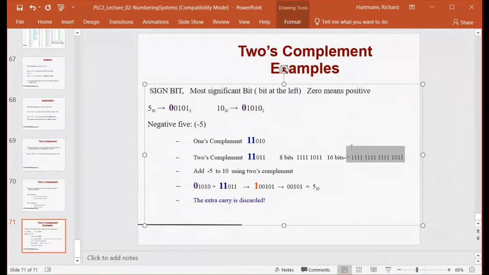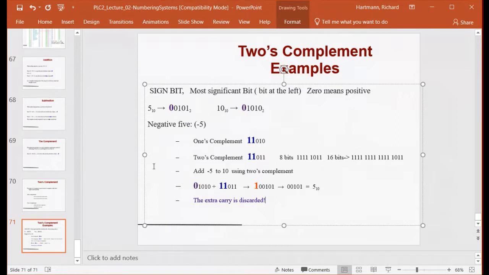And you can do the math. You can do it for 64 bits, and it's going to work out. If you try to add -5 to +10, you're going to end up with all zeros except the 1, 0, 1 at the very end.